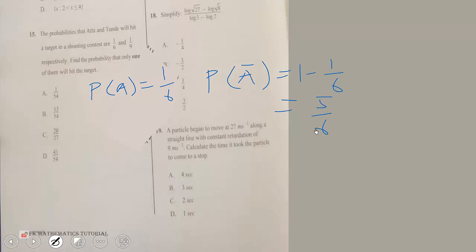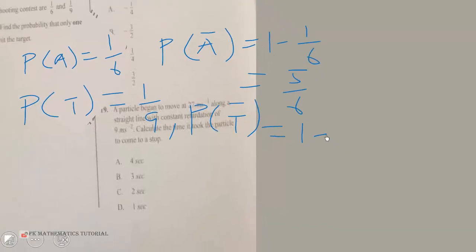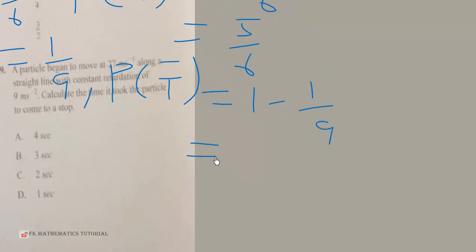The probability that Tunde will hit the target is equal to 1/9. Probability that Tunde will not hit the target is equal to 1 minus 1/9, which is equal to 8/9. So find the probability that only one of them will hit.